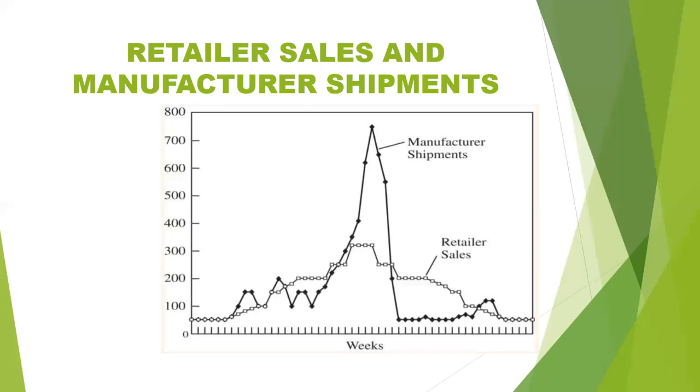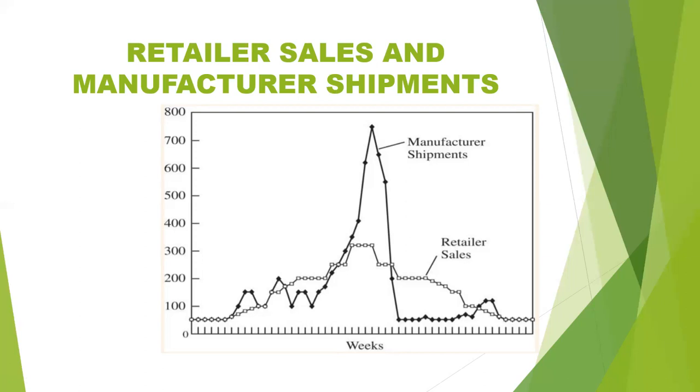So here is an example of how the pricing obstacle is going to affect a company. The dotted lines, that is the square boxes, are the retailer sales, which are less than 300 each and every week.